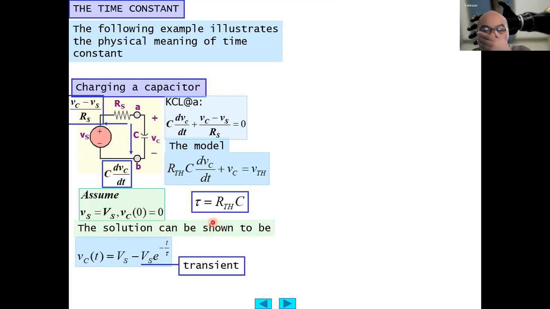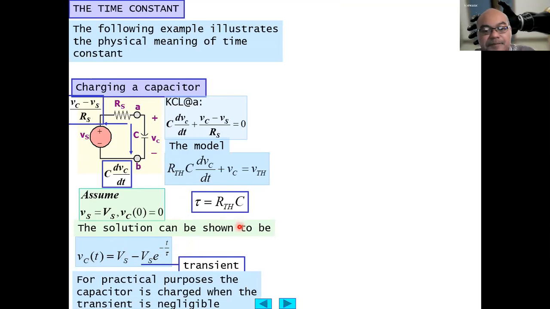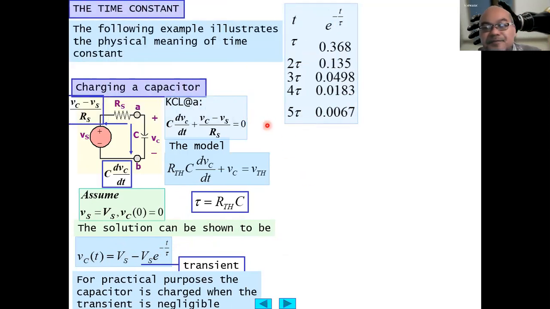Then from here, the solution will be Vc(t) equals Vs, this is the K1, minus Vs e to the power minus t over tau, because t0 is 0. For practical purposes, the capacitor is charged when the transient is negligible.